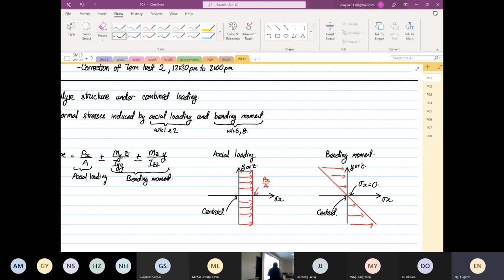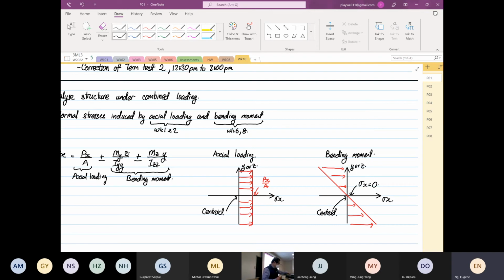So these are the distributions that we know already for normal stress. One is under axial loading, the other is due to bending moment. Have you got this yet?